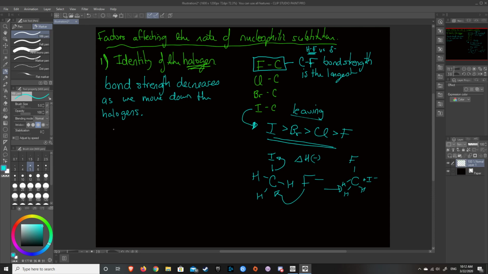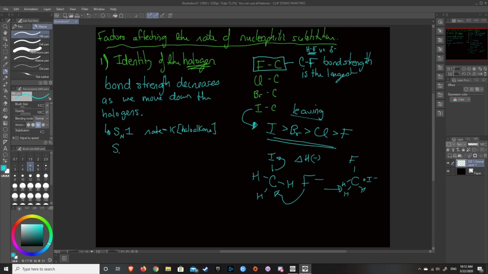Basically, this affects both mechanisms. It affects the SN1 mechanism, where the rate is equal to the rate constant multiplied by the haloalkane concentration.